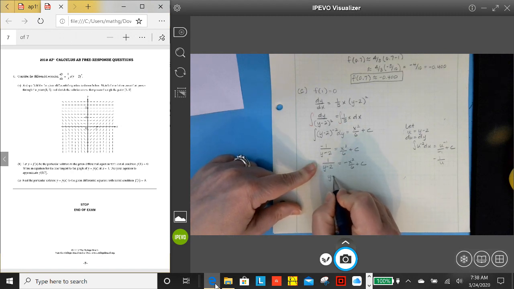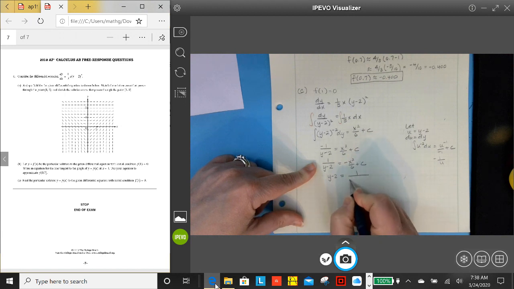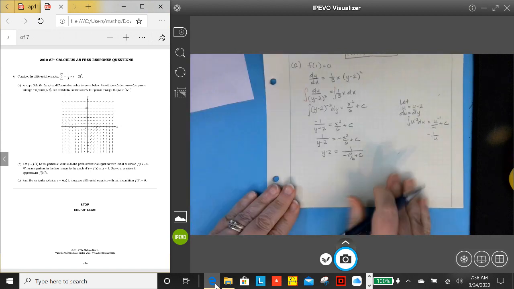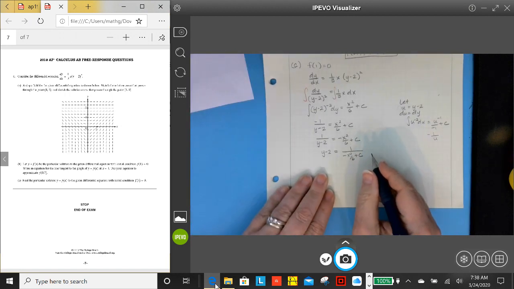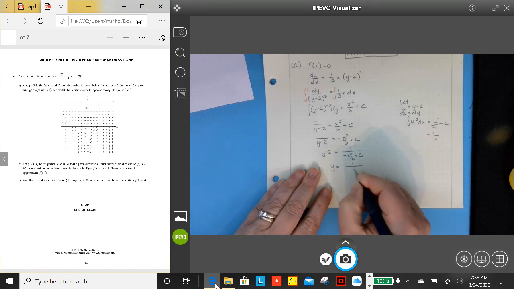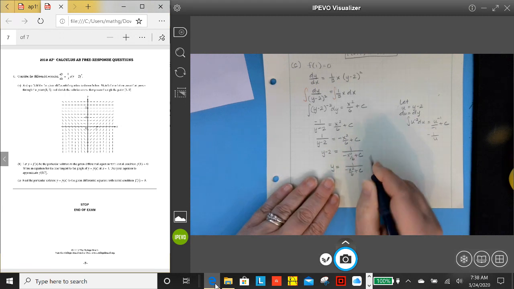So if I make this y minus 2, I have to flip the entire other side. So this would be negative x squared over 6 plus c to be equivalent. Okay? And then I can add 2 over. So we get y equals 1 over negative x squared over 6 plus c plus 2.